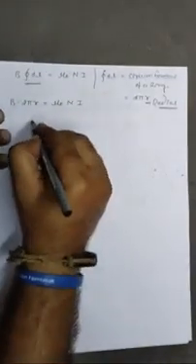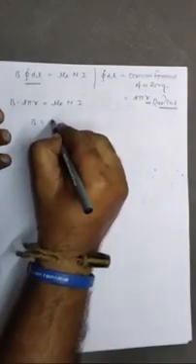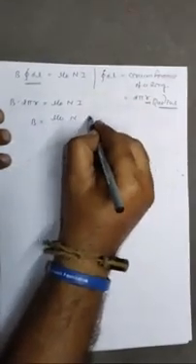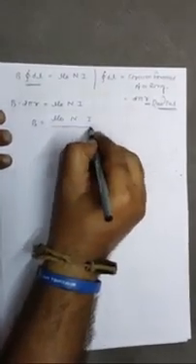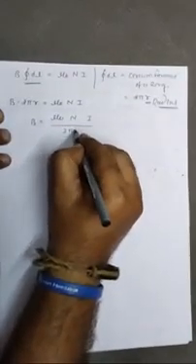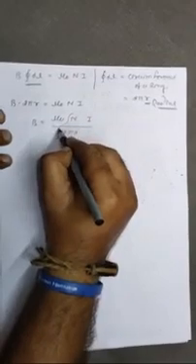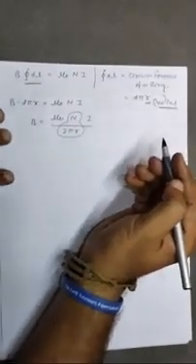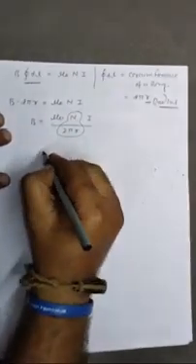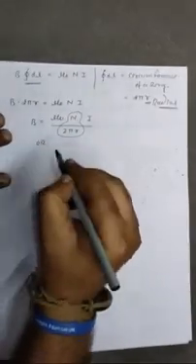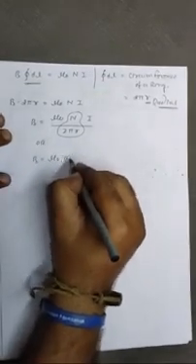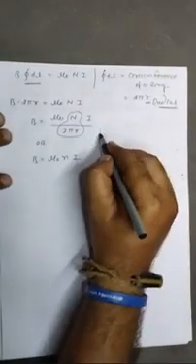Make B the subject. So B is equal to mu 0 N I upon 2 pi r. What is this? Same as we have done in solenoid. So it is nothing but B is equal to mu 0 small n I. Again, what is small n?